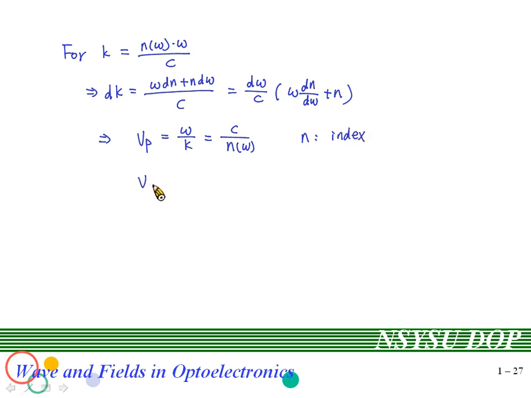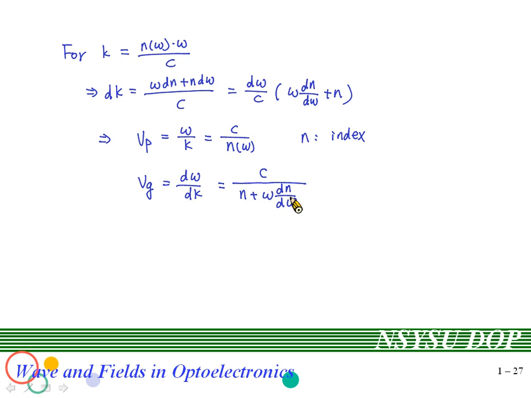Besides, we can rewrite the group velocity. Initially, the group velocity is defined as d omega over dk. We re-express the dk here and take the result back into here. Then we have Vg equal to c over n plus omega dn over d omega.